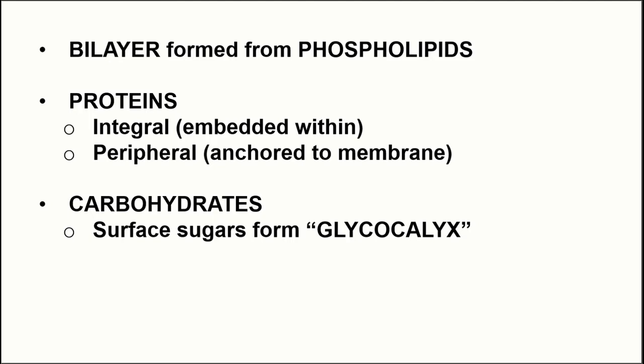There are also a number of carbohydrates associated with the plasma membrane, and these surface sugars are collectively referred to as the glycocalyx, which means sugar coat. So literally the external surface of our cell has a forest of carbohydrates on it, and this forest is referred to as the glycocalyx.